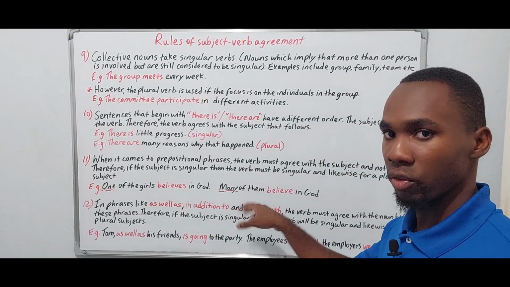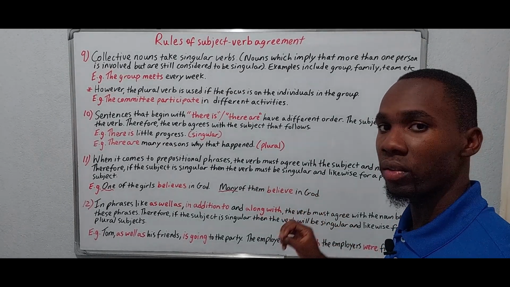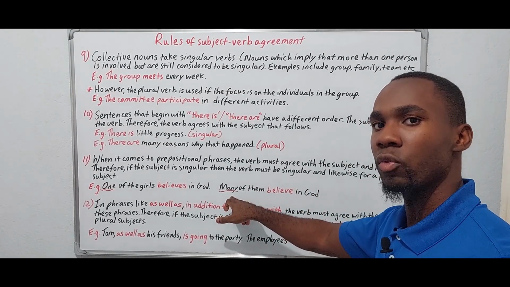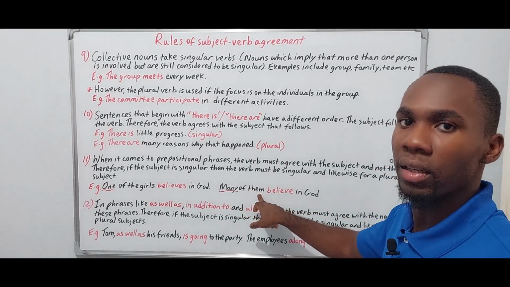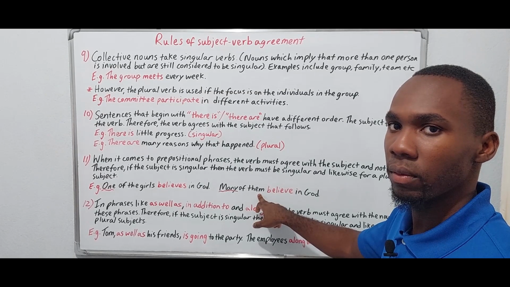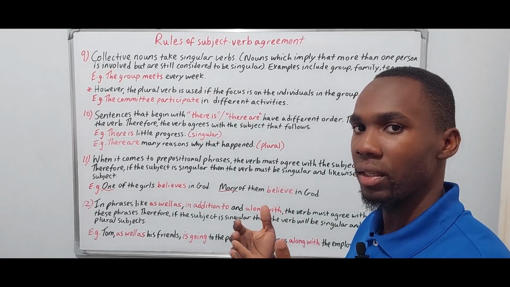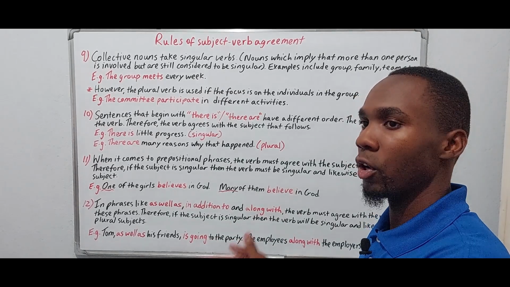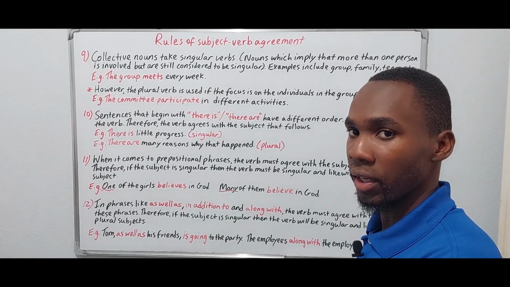If you want to show a plural example: many of them believe in God. What's the subject? Many. So that's plural, right? "Of them," again, additional information, right? So a prepositional phrase is going to be a preposition followed by a noun, right? And that noun will be the object.